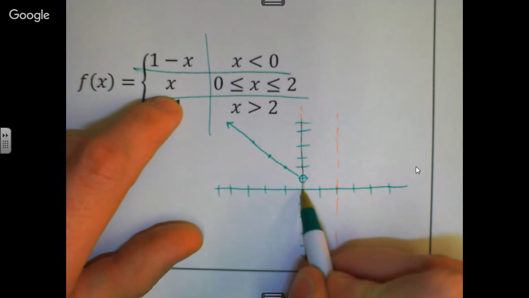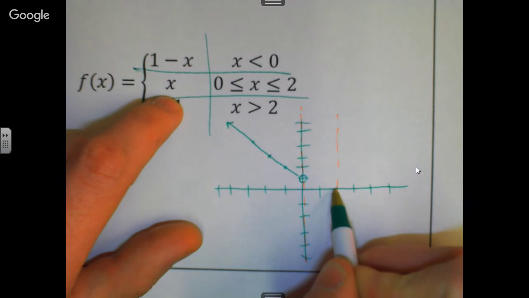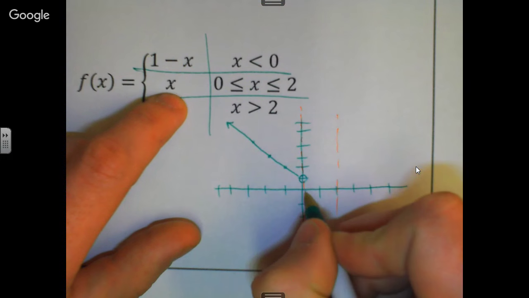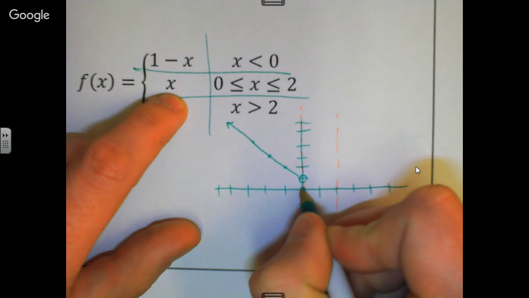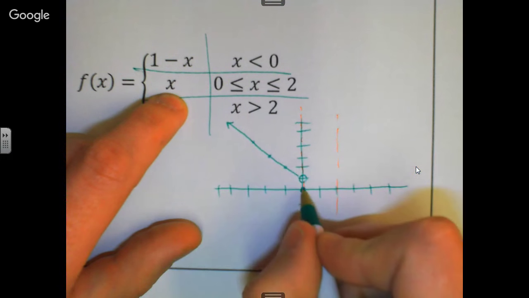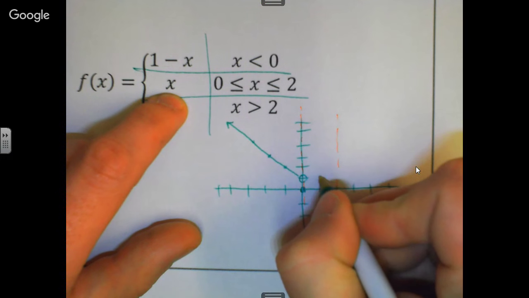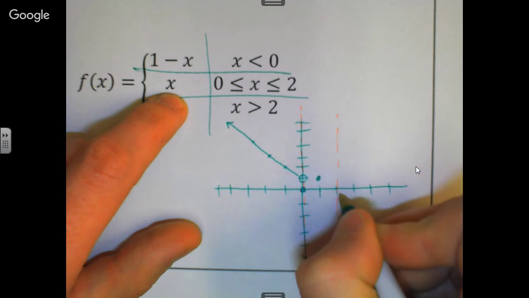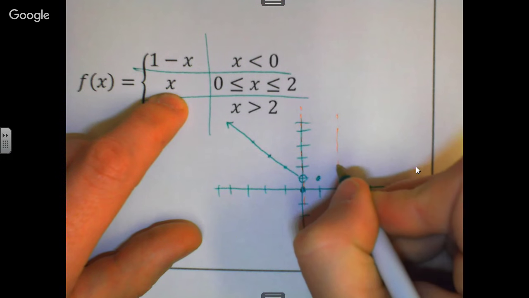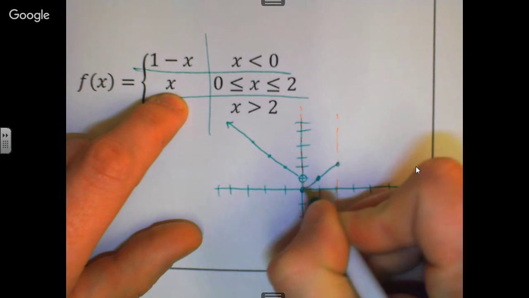So from 0 to 2, we'll plug in 0 and I get x. So that's 0, which I can include, so that's a solid circle. I get 1, 1, and I get 2, 2. You got that line right there.